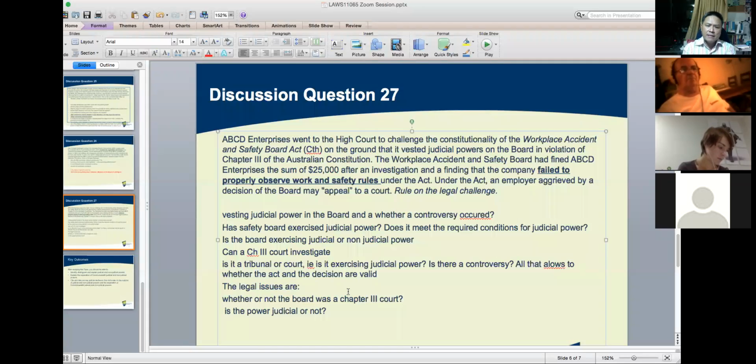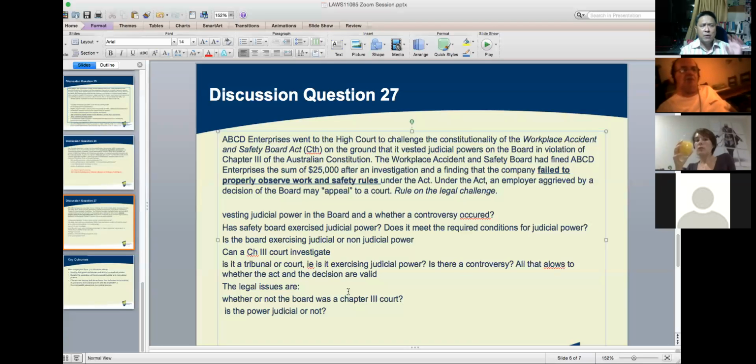Because remember that under the innominate doctrine, there are instances when a certain power may be properly vested in the judiciary, or sometimes properly vested in administrative tribunals. So it is up to Parliament sometimes to determine to whom to confer certain powers.